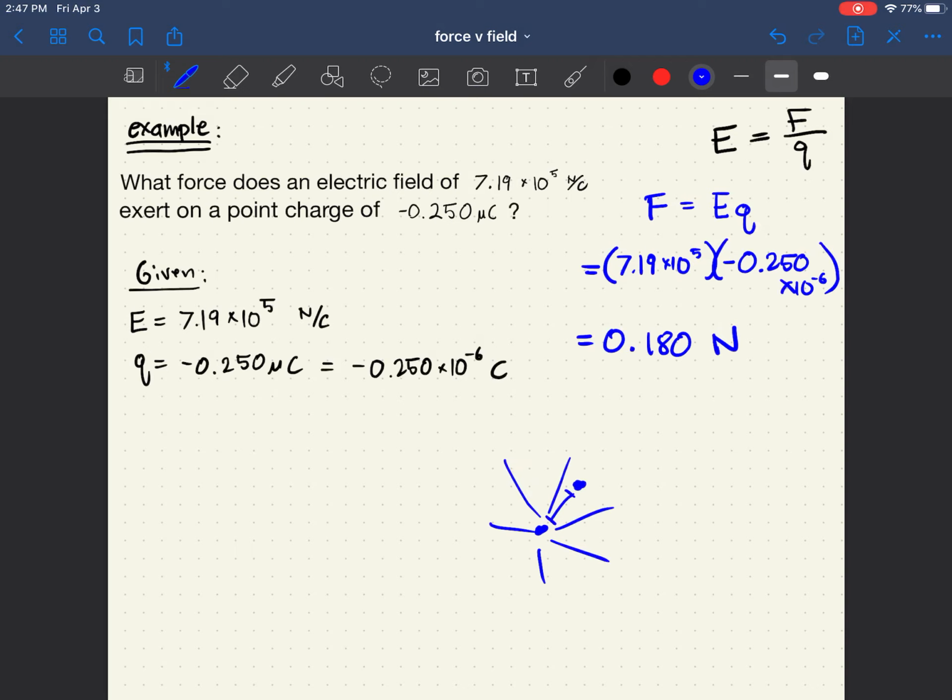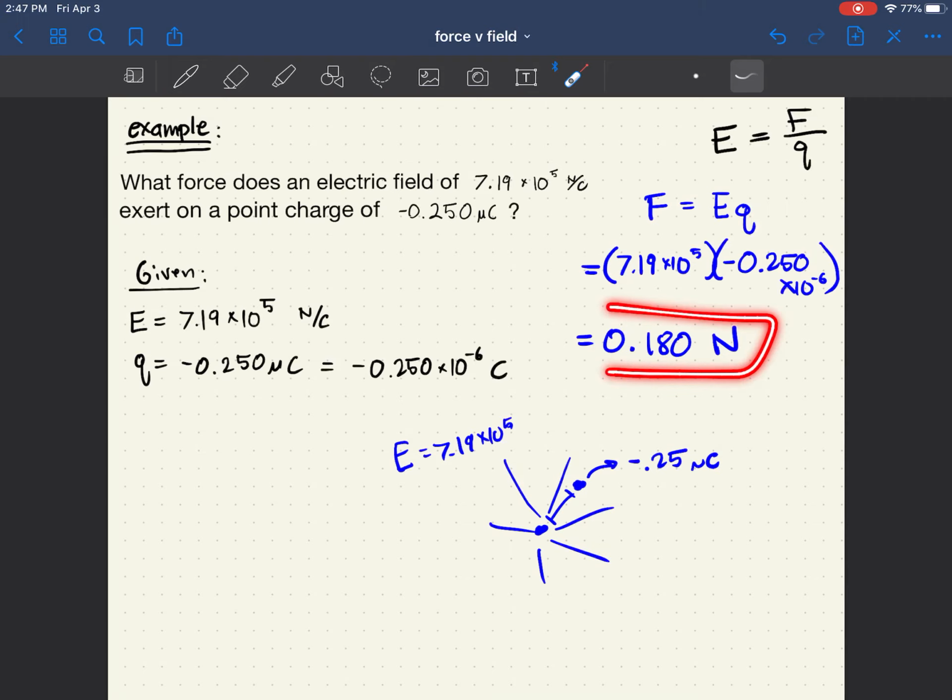We're told that this charge is negative 0.25 microcoulombs, and we know that the strength of this field is 7.19 times 10 to the 5th. So we can figure out how much force this charge feels in that strong of a field. And this is that answer. It feels 0.18 newtons.